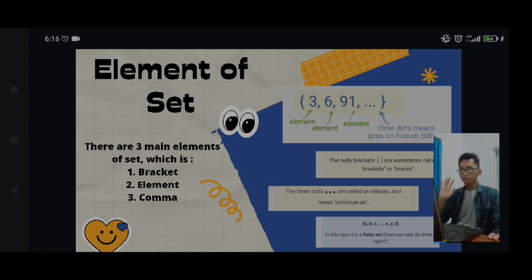But there are also cases that use an ellipsis in the middle of the set.